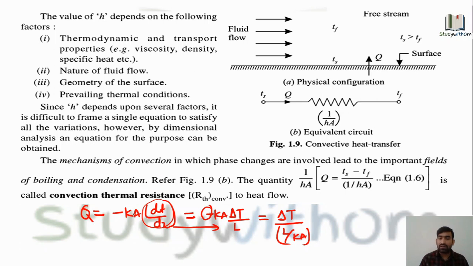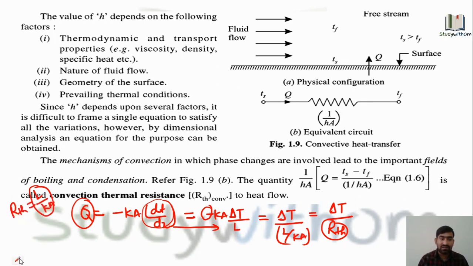So overall heat transfer will be positive. So here it is delta T upon L upon KA, or it is also called delta T upon R thermal. So here in case of conduction, R thermal is L upon KA, and in case of convection, what will be the thermal resistance or R thermal?